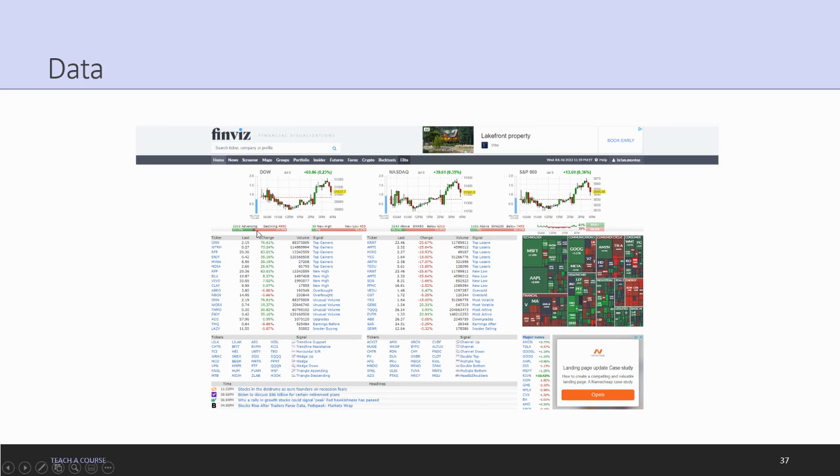Now, why I like to look at the homepage throughout the day is because this is updated in real time, the advancing stocks versus the declining stocks. So this tells me how many stocks are advancing that day and how many are declining. This is one way that you can use FinViz to determine money moving in and out of the market. So if you're in a swing trade, that is a great way to manage and look at what's going on.